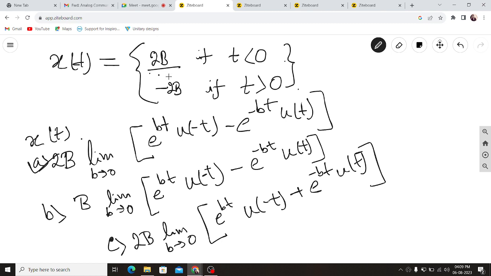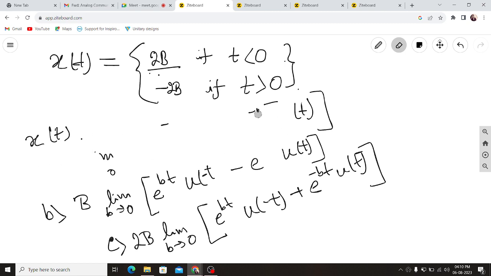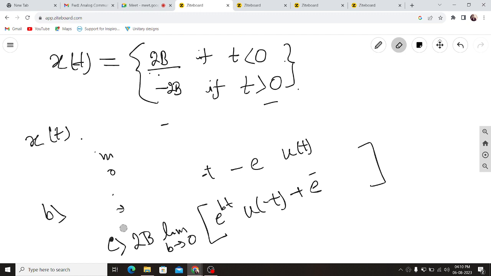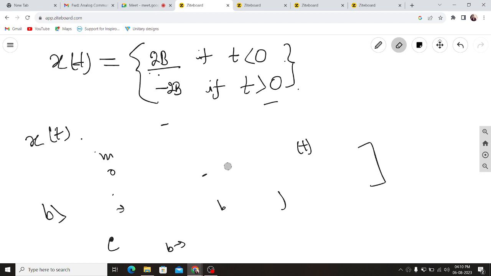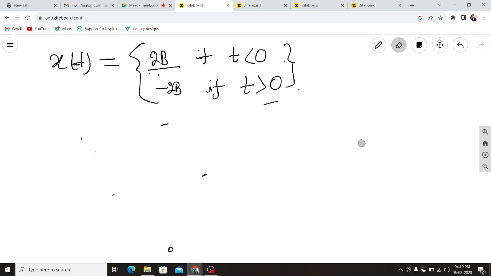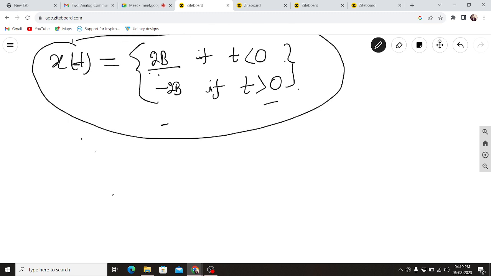Now the same question with this signal x(t). The question is different, x(t) is the same.